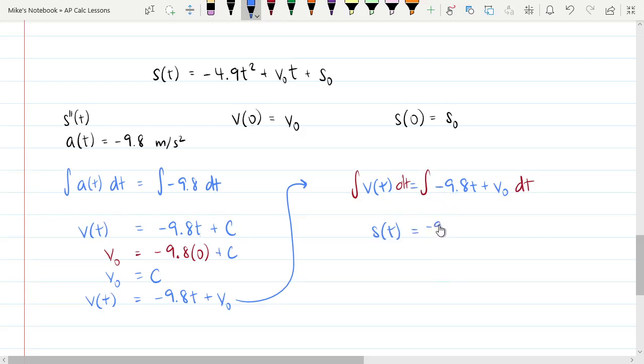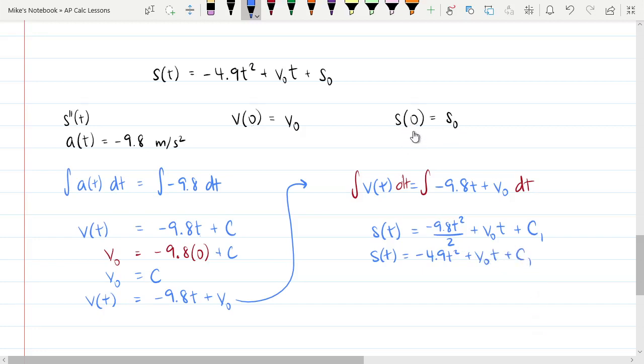Now, negative 9.8 t squared divided by 2 plus v sub 0 times t plus my new constant c sub 1. So now that's going to give me s of t equals negative 4.9 t squared plus v sub 0 times t plus that new constant.